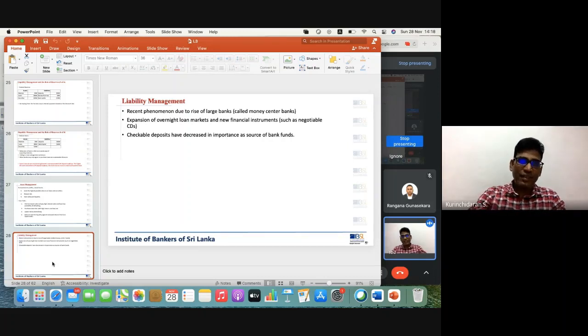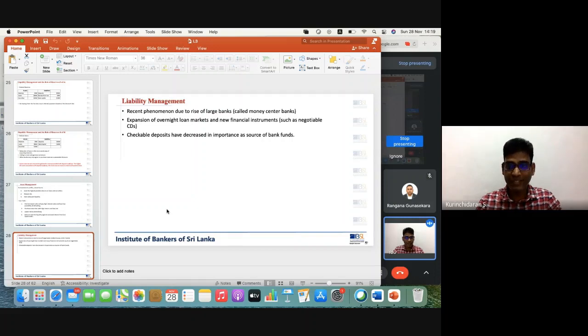This is anyway a worldwide phenomenon now. The big banks try to fund other small banks, right? We call them money center banks. So you can manage your liability with that kind of large banks.